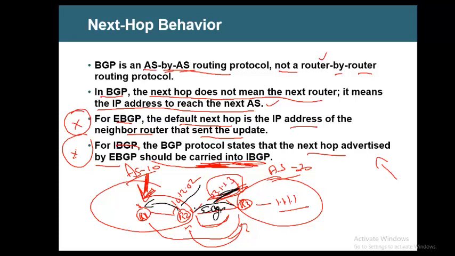Whatever it learned from eBGP, it is going to carry. So when R1 receives the update 1.1.1.1, the next hop is going to be 13.1.1.3. That's going to be the next hop.